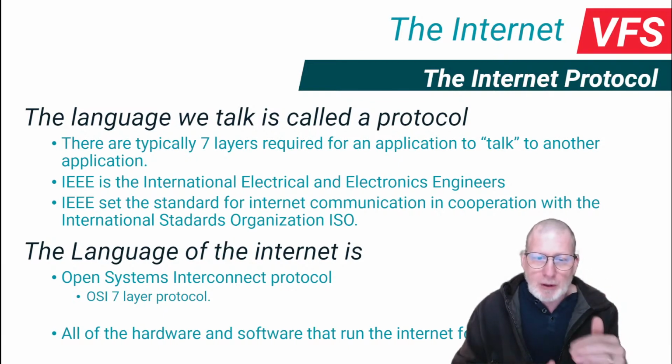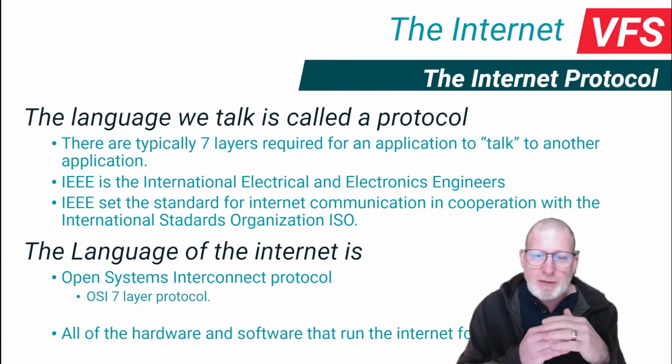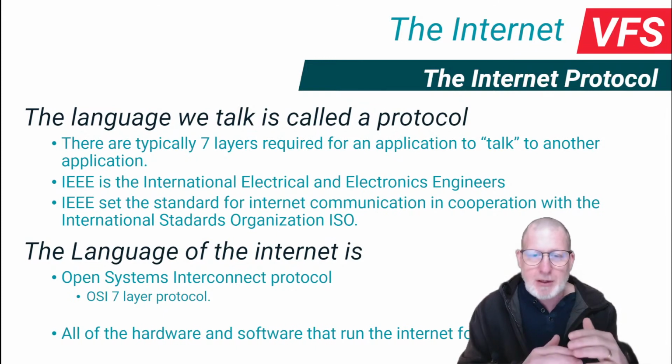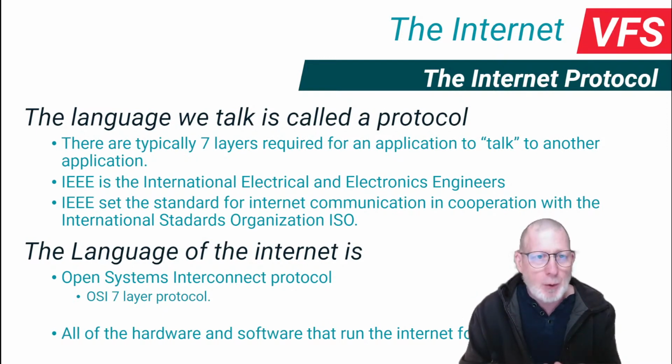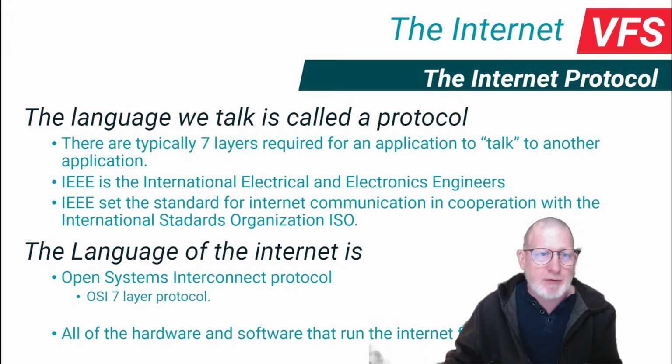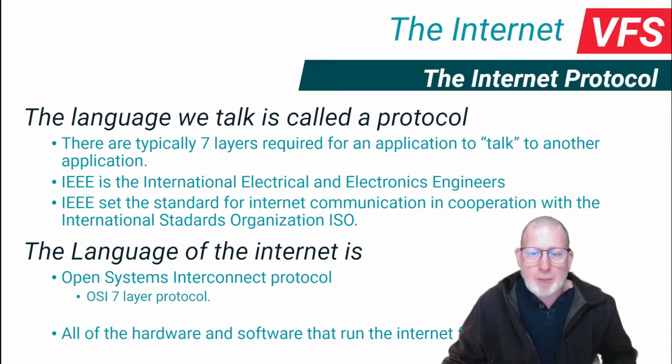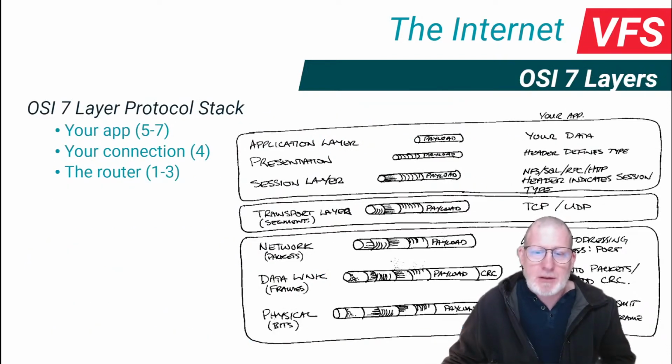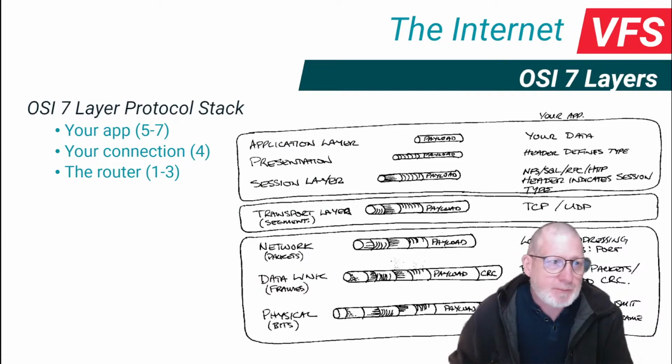That protocol layer identifies how information from one computer, that collection of bytes you want to send from your program to another computer and another program, gets from A to B. And this OSI protocol stack looks a little bit like this.